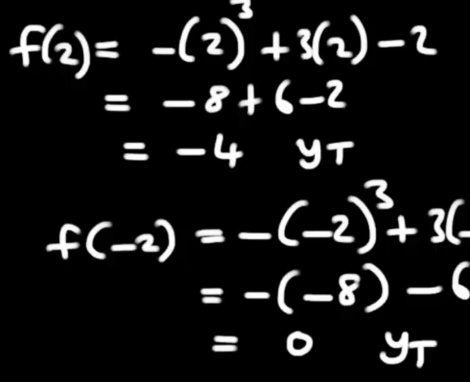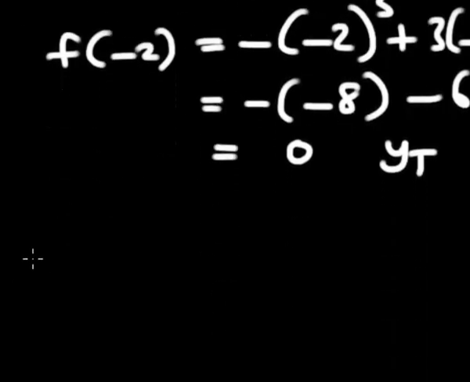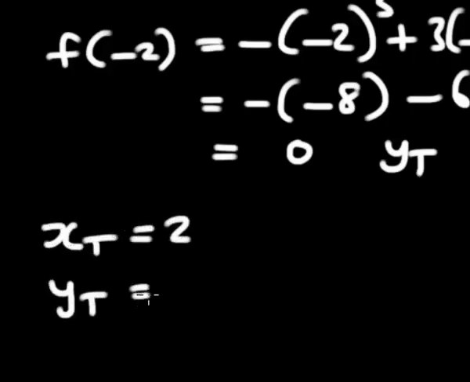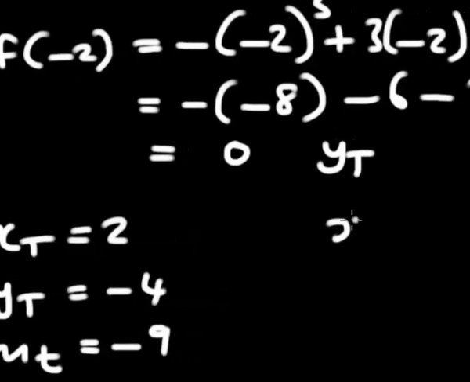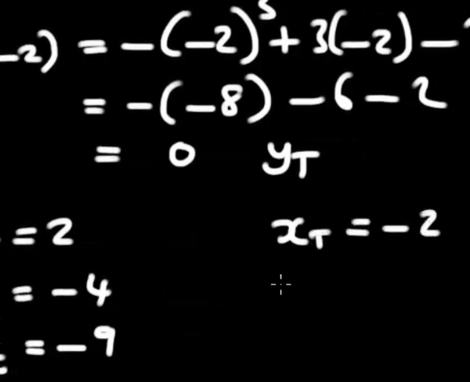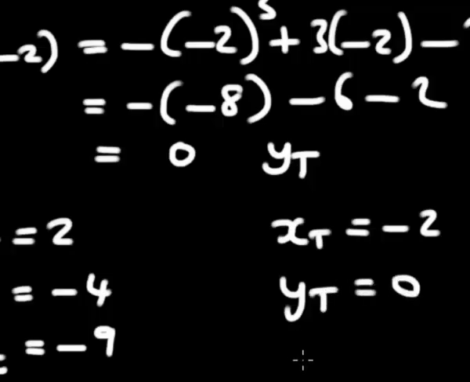Okay, so we've got some information. We've actually got two tangents if you think about it. We've got x t being 2, y of t being negative 4, and the gradient of the tangent being negative 9. Or we've got x t being negative 2, y of t being 0, and the gradient being negative 9.